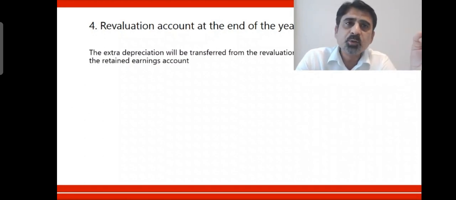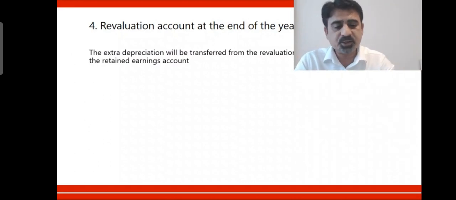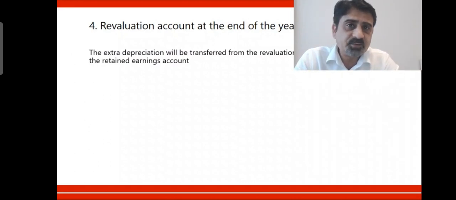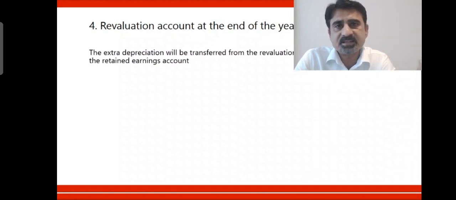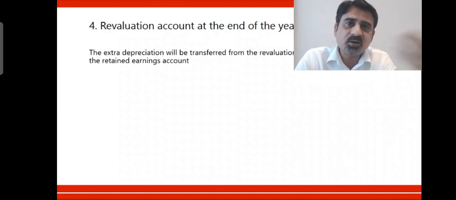And number 2, the shareholders may ask that if there is any revaluation gain, when will this be transferred to us, or how will it be transferred to us. So the answer is, it will be transferred during the useful life of the asset, which is 14 years. And how can it be transferred? Because if it remains in revaluation surplus, I cannot distribute it.